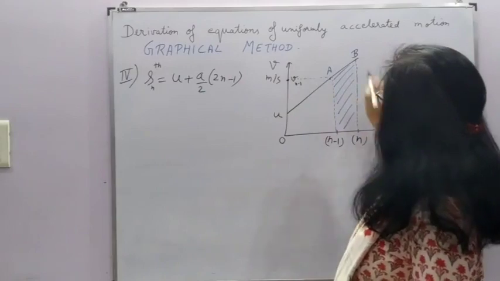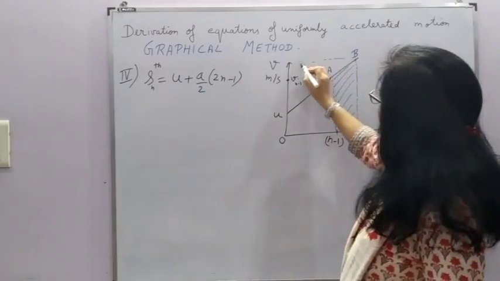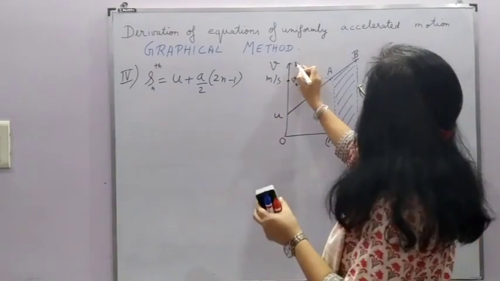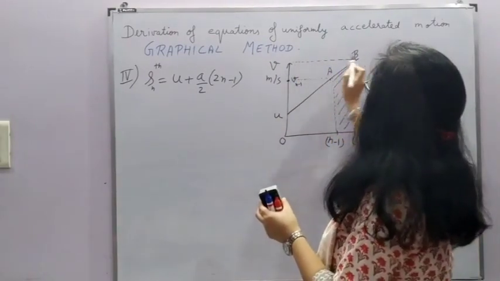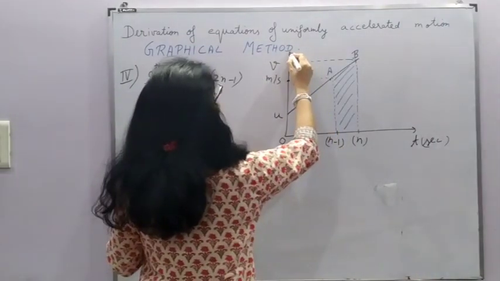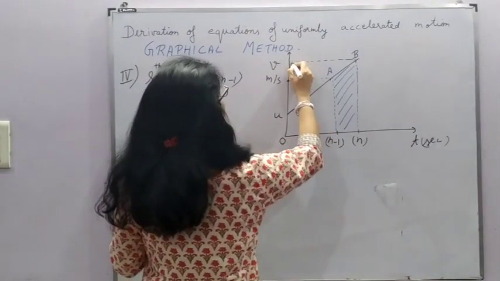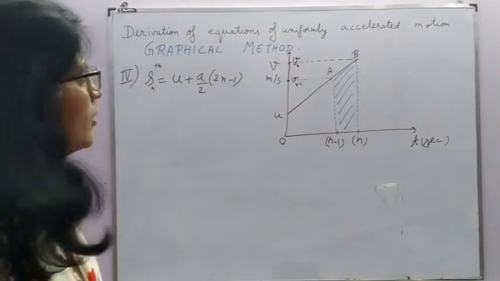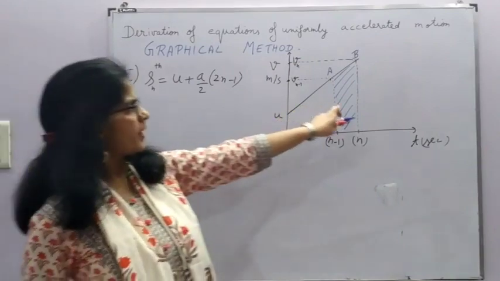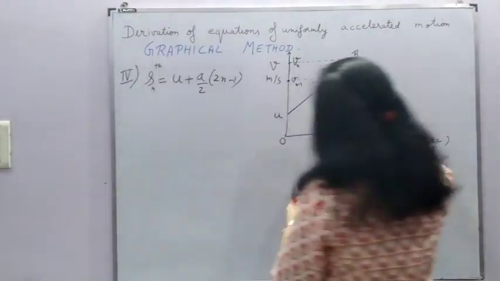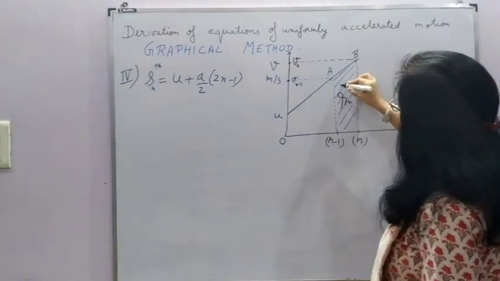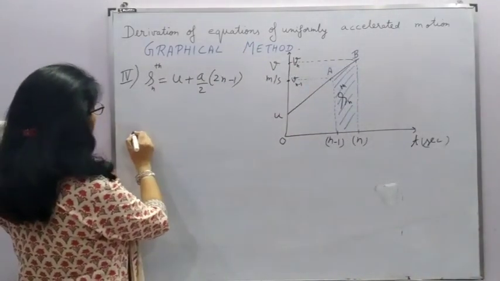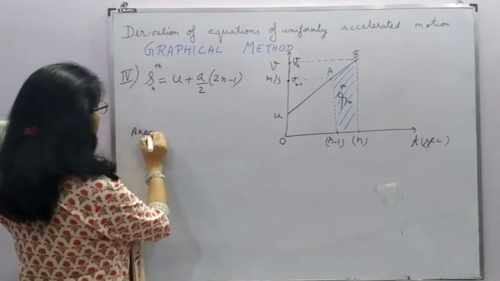And at n seconds it becomes Vn, right? From here again, since we have to find the distance traveled in nth second, this is distance traveled in nth second, so distance in nth second again is calculated by the area.